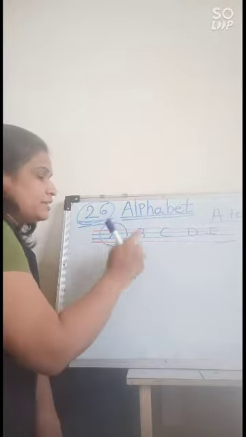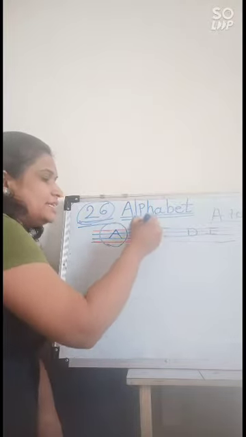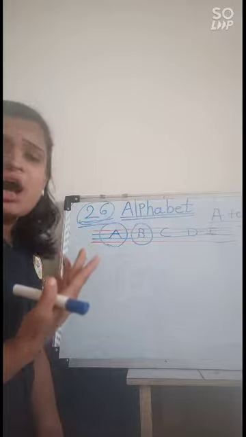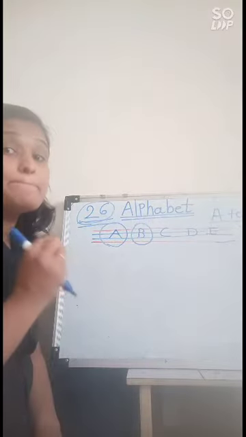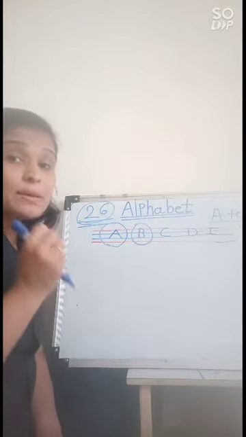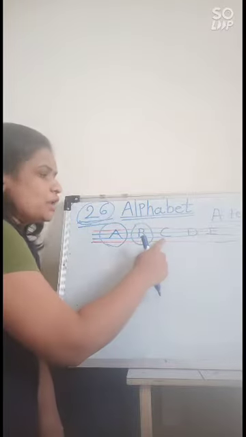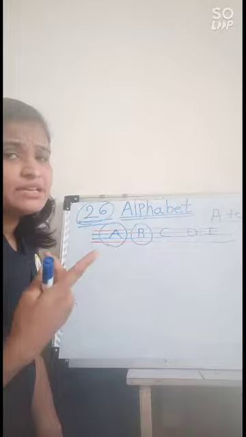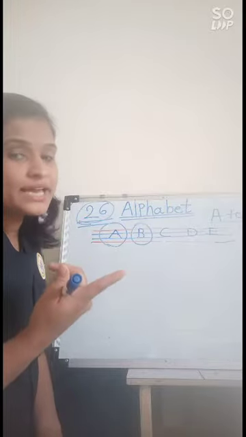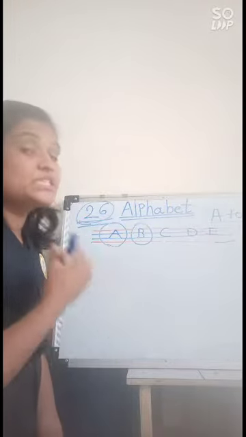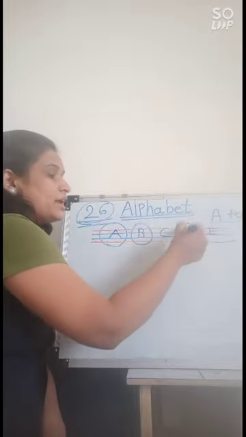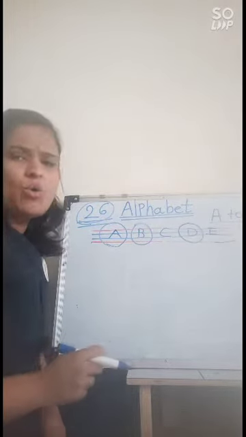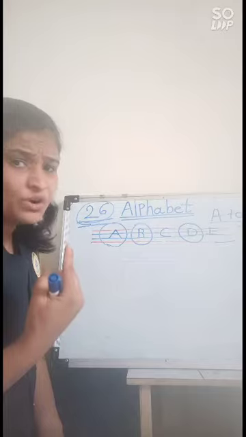Then another letter, that is B. How can we say B in phonic sound? B. Now this is C. How can we say C? K. Say loudly. K. Then this is D. How can we say D in phonic sound?